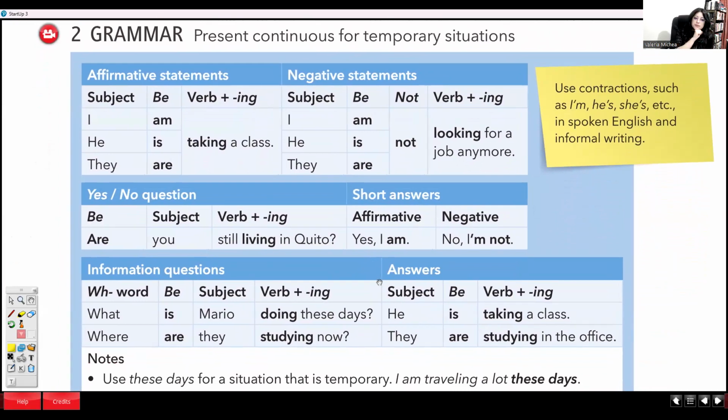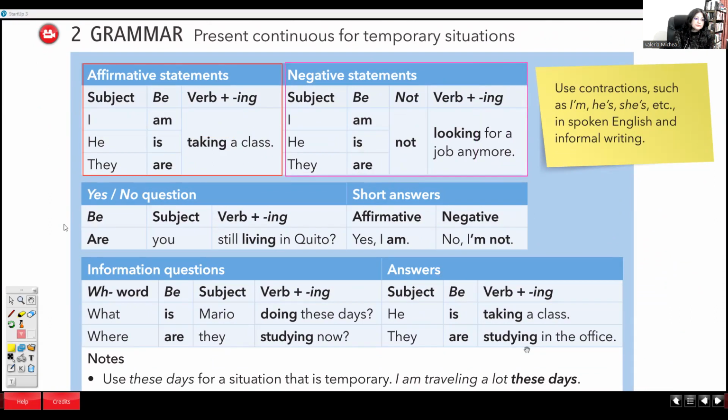So we have this chart, which is very informative. It has a lot of things that we need to pay attention to. First, let me divide it into colors so you can see the differences between them. So first you have affirmative sentences. Then you have negative sentences on this part.